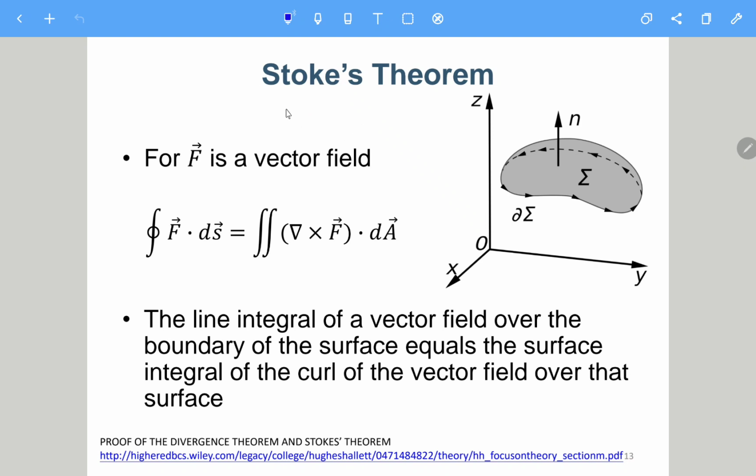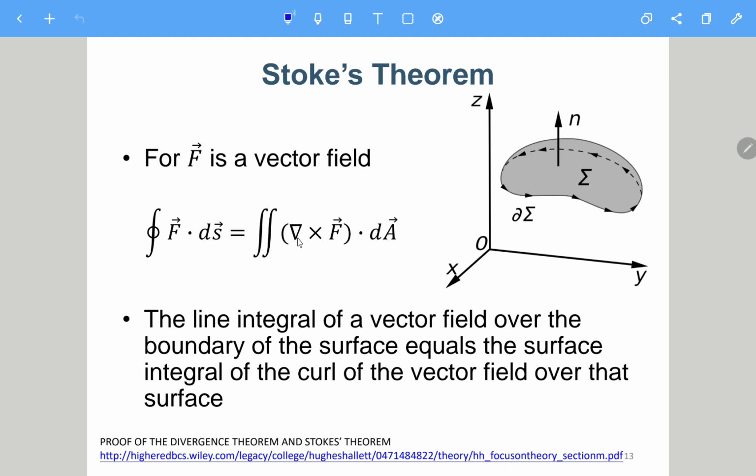Okay, so for the Stokes theorem, still we have the vector field. On the left side, we have the line integral of this vector field. In Faraday's law and also Ampere's law, we have the line integral of the E field for Faraday's law, which is the induced EMF. And for Ampere's law, we have a line integral of the B field, which is the B field generated by the current or displacement current.